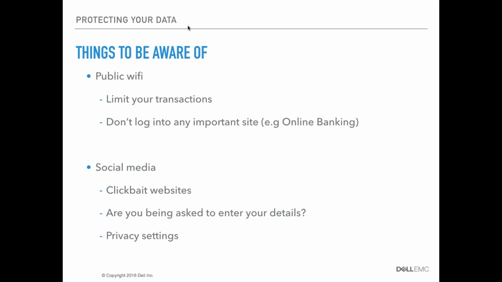Social media as well is one to be careful of, not just in terms of the Facebooks and the Twitters of this world, but also in Google searches or on forums that you may use, like Reddit or something like that. There can sometimes be ads on those from reputable websites, and you open those up, and then there are clickbait websites in there.